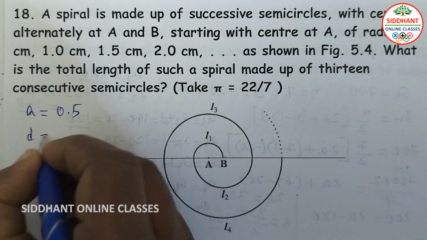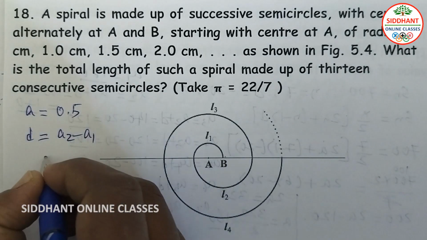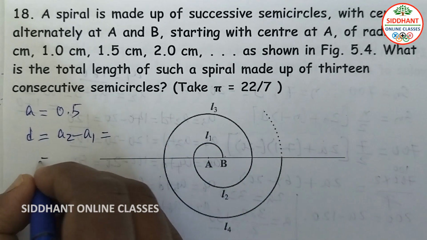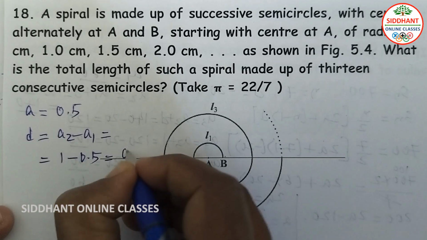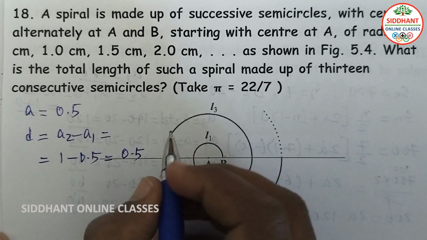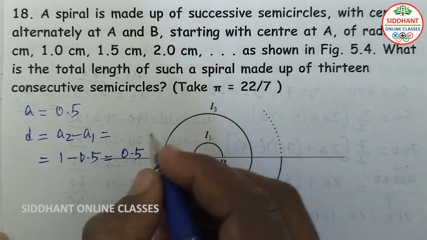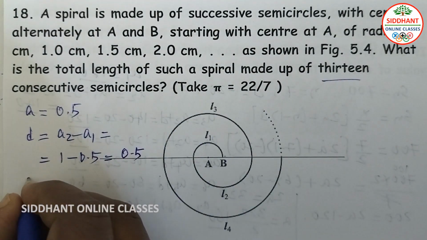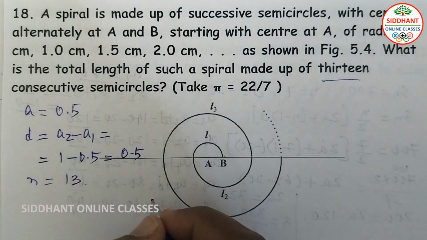So here D we can find out, that is A2 minus A1, that equals 1 minus 0.5, that equals 0.5 here. Next, they have given a total of 13 consecutive semicircles, that is n is equal to 13 here.